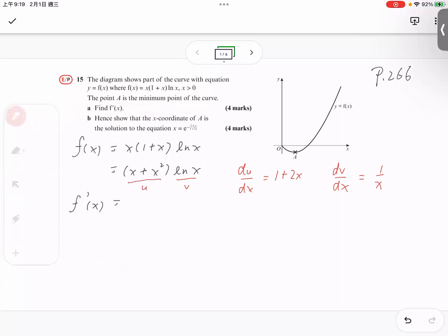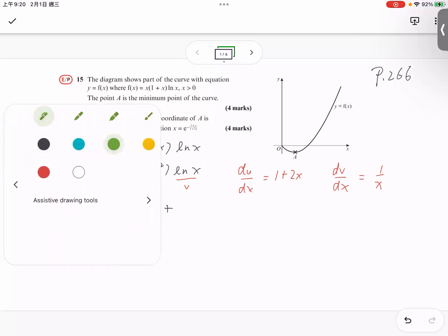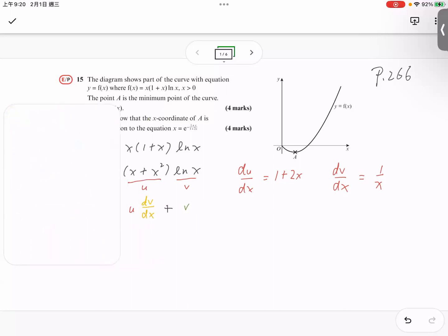That will be u dv/dx plus v du/dx. Now we will substitute one by one.